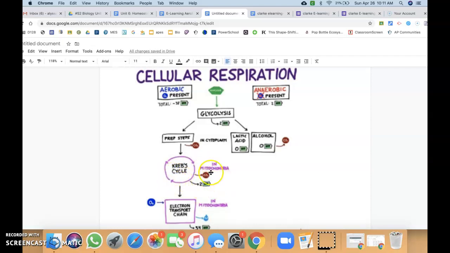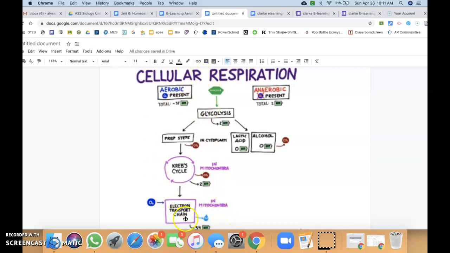Again, remember, carbon dioxide is a waste product. And the electrons from both glycolysis and the Krebs cycle move on to the electron transport chain right here. So oxygen comes in along with those electrons to produce the 34 ATP, and then water as a waste product. So this was the same process as yesterday.